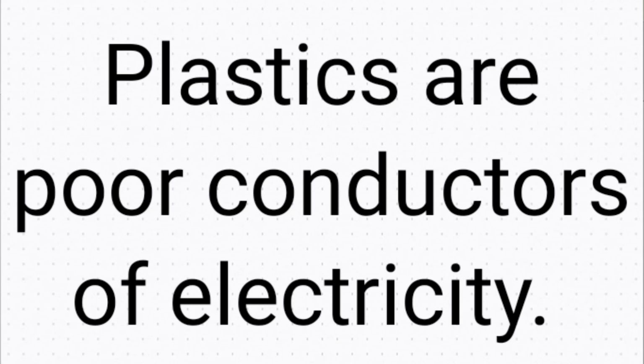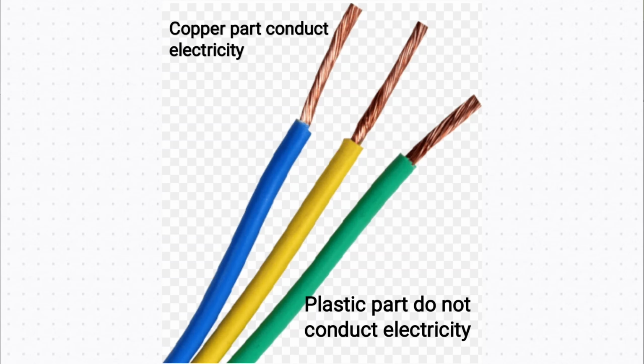The next property of plastic is that plastic is a poor conductor of heat. The next property of plastic is that plastics are poor conductors of electricity. That is why electrical wires have plastic covering. In this picture you can see the metal part which conducts electricity, and the plastic part, that is the colored portion, does not conduct electricity.